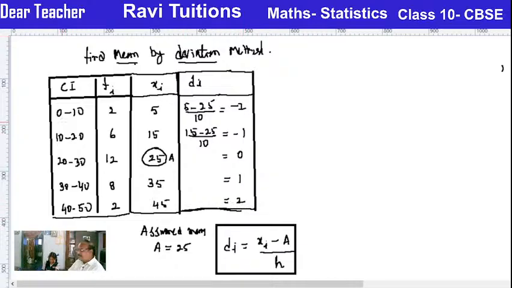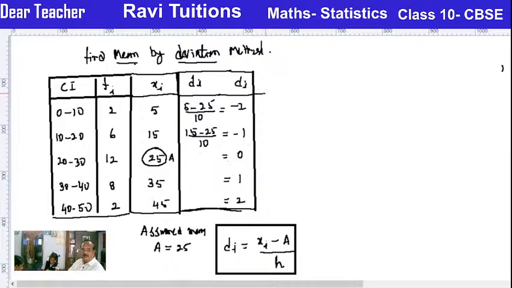Because it is increasing from 0 to 50, below the assumed mean minus comes, above it 1 and 2 will come. So the final values are these, di. I did not write them all because you can write similar values: 25 minus 25 is 0, and 0 by anything is 0.